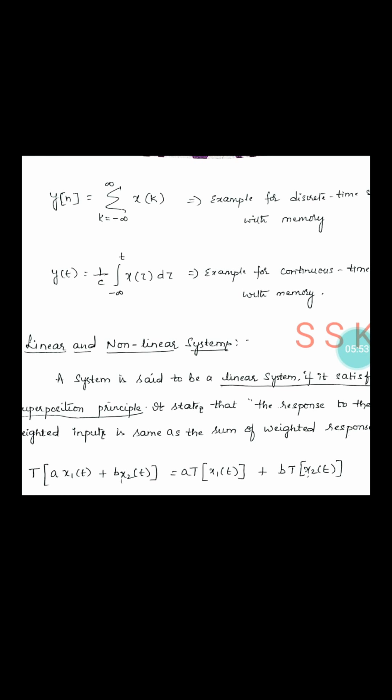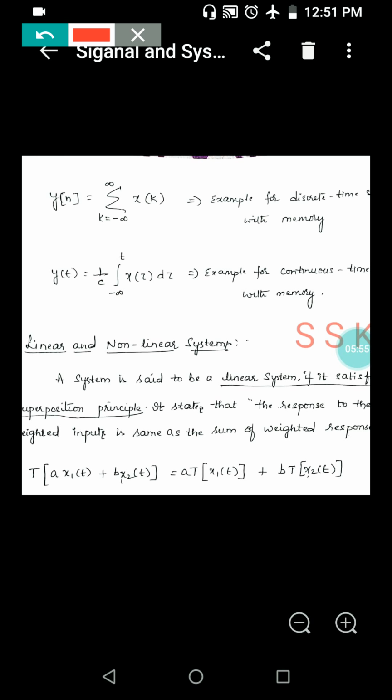Those systems which satisfy the superposition principle are called linear systems. Those which do not satisfy the superposition theorem are called non-linear systems. See here the mathematical expressions, you can understand, right? I have underlined the mathematical expression here.